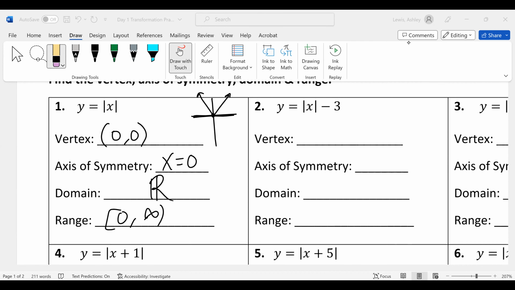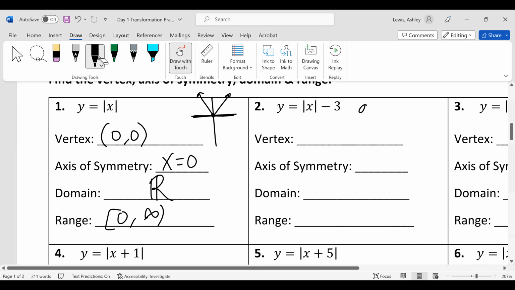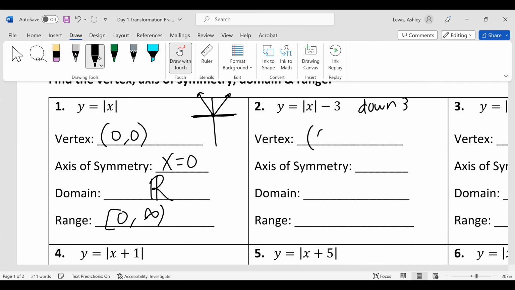For number 2, this went down 3. So that means my vertex will be at 0, negative 3. This number inside of here will tell me the x value. This number out here tells me the y value. The axis of symmetry, this number tells me the axis of symmetry, and I don't have one.